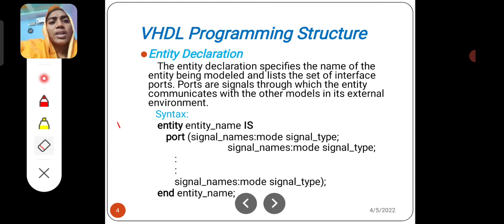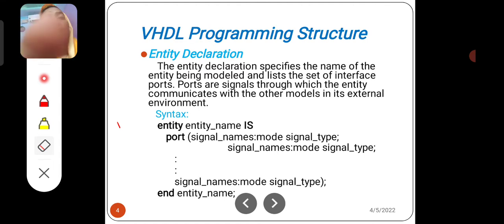The entity declaration specifies the name of the entity being modeled and lists the set of interface ports. Ports are signals through which the entity communicates with other models in its external environment. So entity declares the inputs and outputs, which are called external signals.